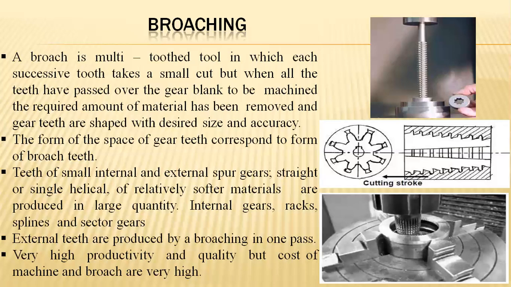Normally, the gear teeth are formed by the broach teeth form, used for the teeth of small internal and external spur gears.